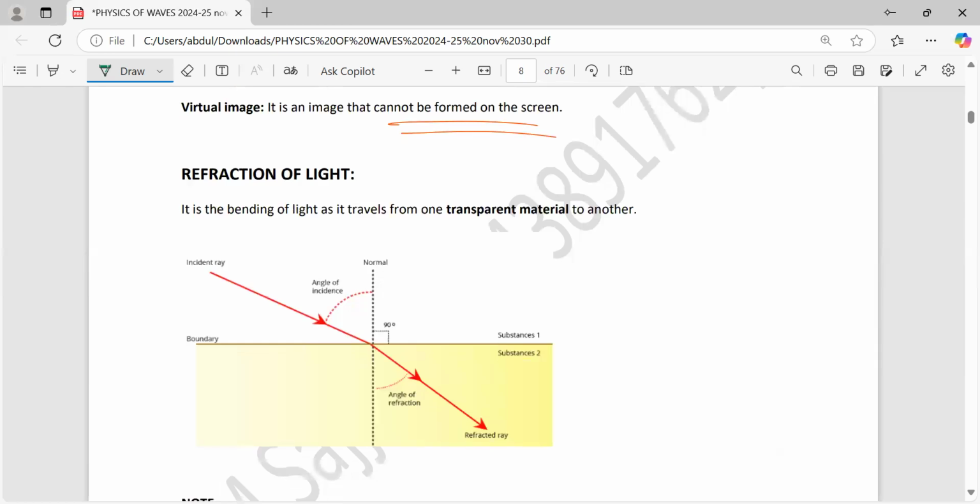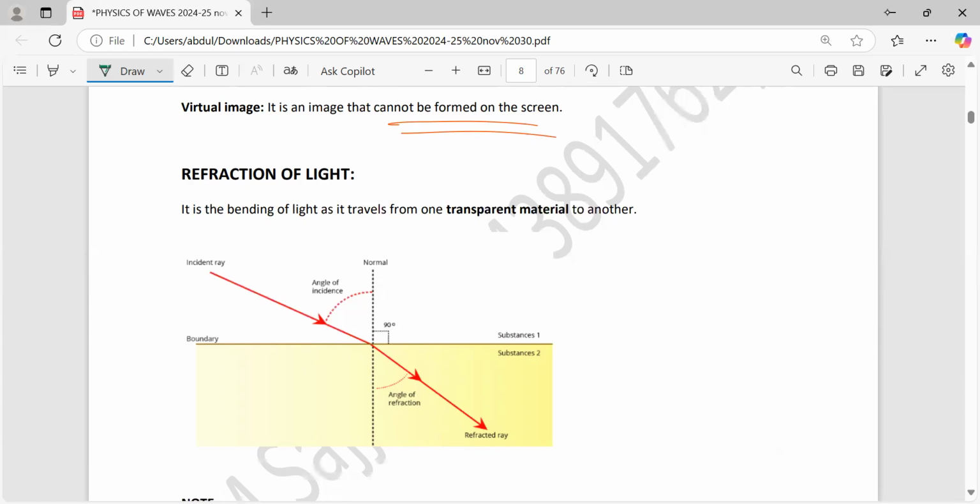Now, refraction of light. This also, of course, I want to explain. Refraction of light is the bending of light as it travels from one transparent material to another. The very basic difference between reflection and refraction is that in reflection, light does not enter into the glass. It's just bouncing back.